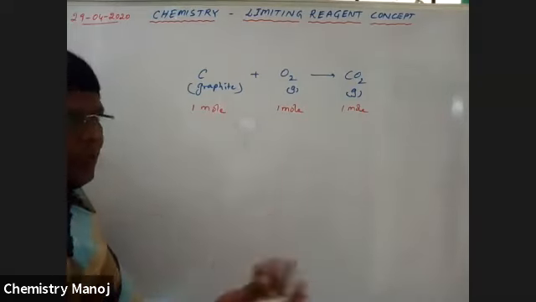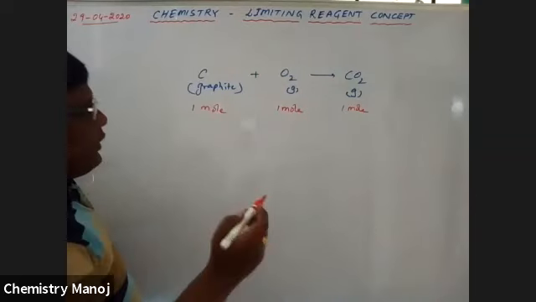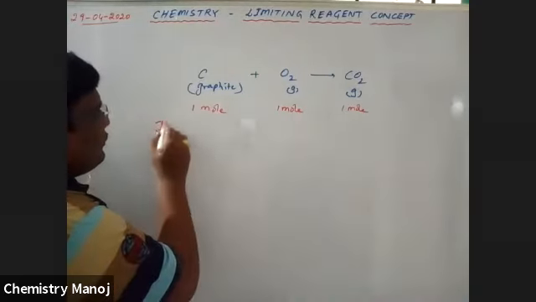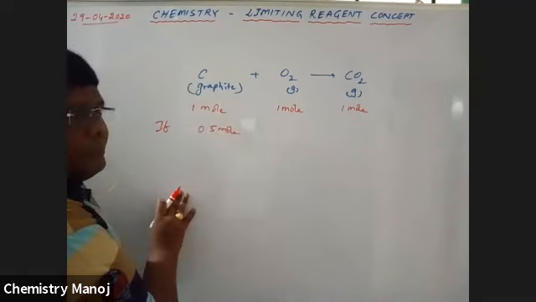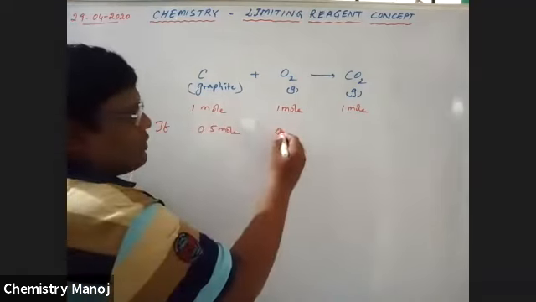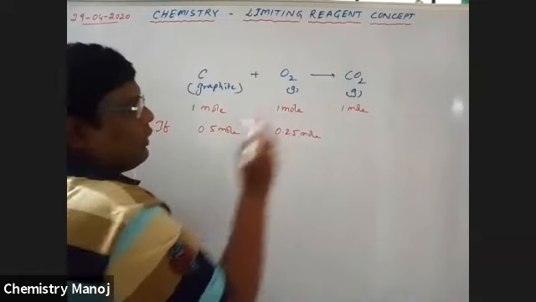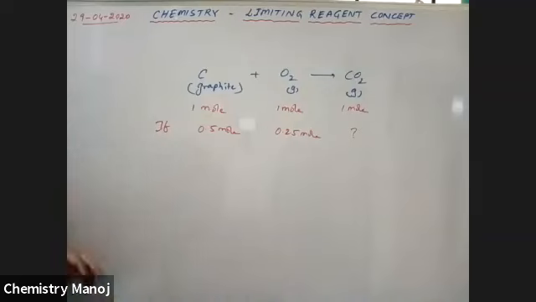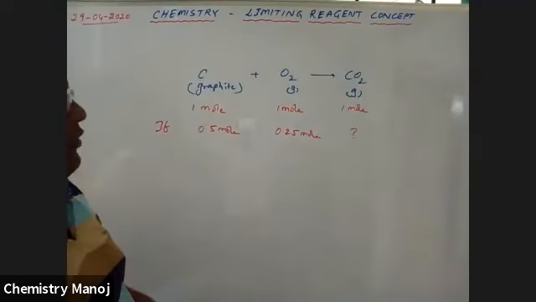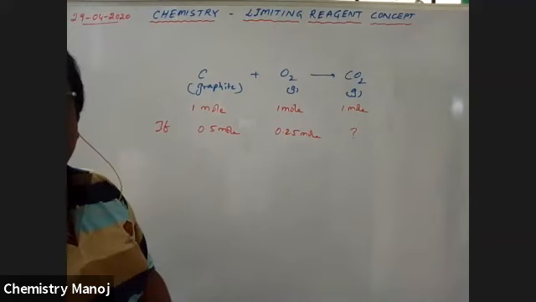Now I am going to ask a question: if 0.5 mole carbon reacts with 0.25 mole oxygen, how much carbon dioxide will form? That is explained with the help of the limiting reagent.